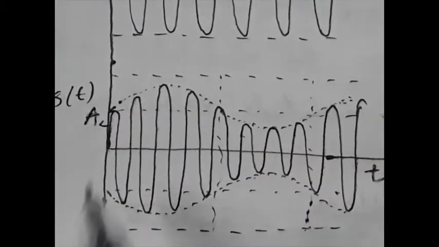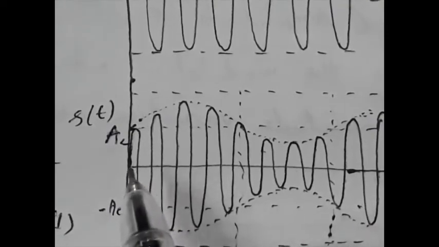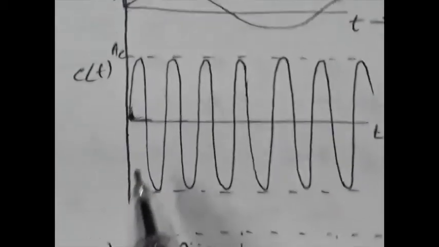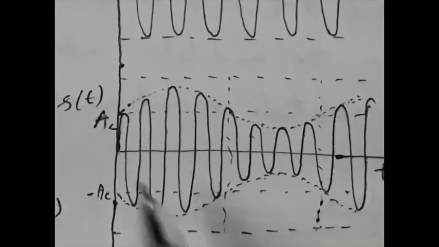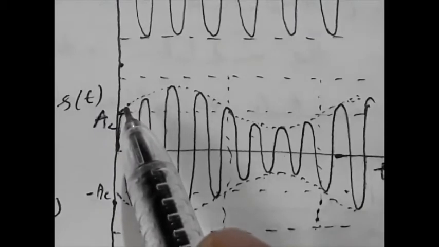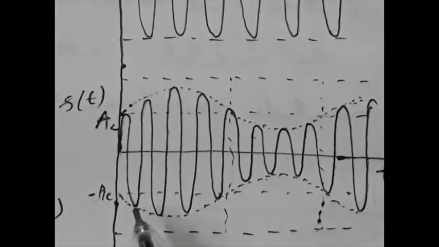Then at the lower side, about minus A_c, you draw the inverted version of the message signal like this. Then you draw each cycle of this carrier here, but the amplitude will be dependent on these two curved lines.